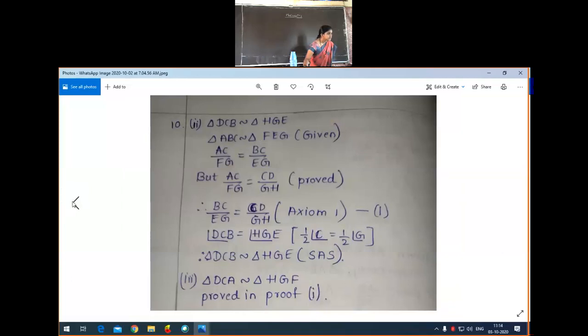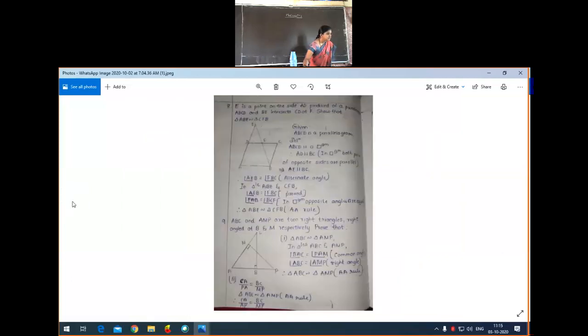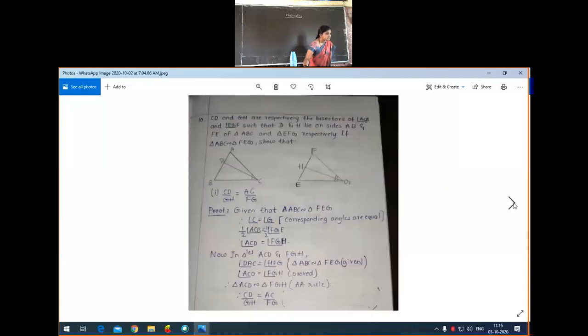Okay, 10th question, second and third part here we have. No complete picture. Okay, you just fix this diagram in your mind, or you can draw these figures in your rough book. Okay. So, we are moving to next page.